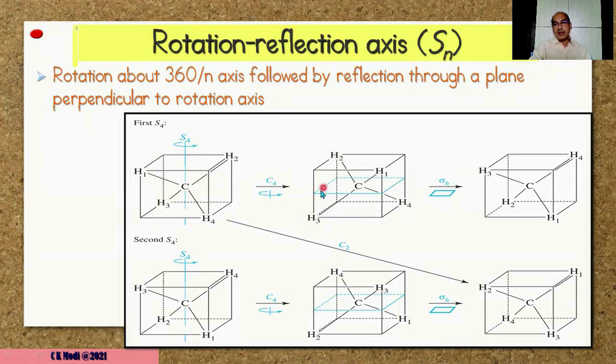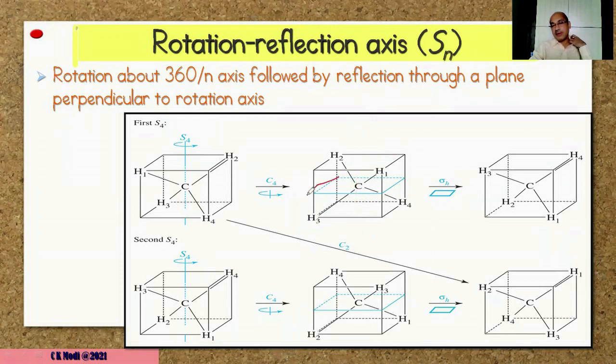Okay. Now the second operation, followed by reflection through a mirror plane which is perpendicular to that rotation axis. So it involves 2 operations simultaneously: rotation about an axis, followed by reflection through a mirror plane perpendicular to that rotation axis.